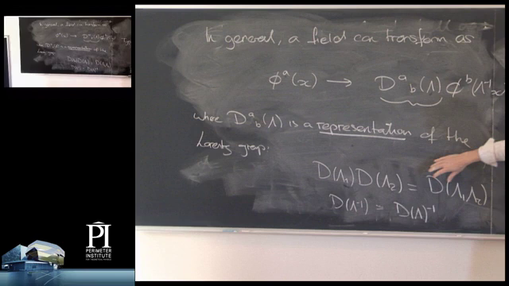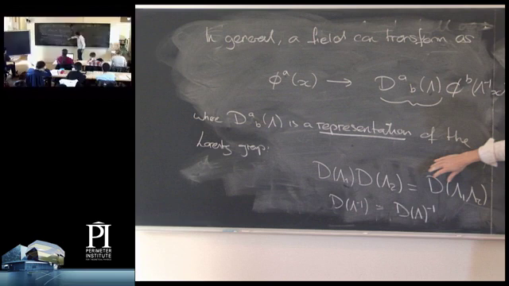So in particular, for every lambda, I want to associate a D. If I take two Lorentz transformations in a row, lambda 1, lambda 2, there's a matrix D associated to that, which is equal to taking the matrix associated to lambda 1 and multiplying it by the matrix associated to lambda 2. Similarly, the inverse of D is D of the inverse Lorentz transformation.